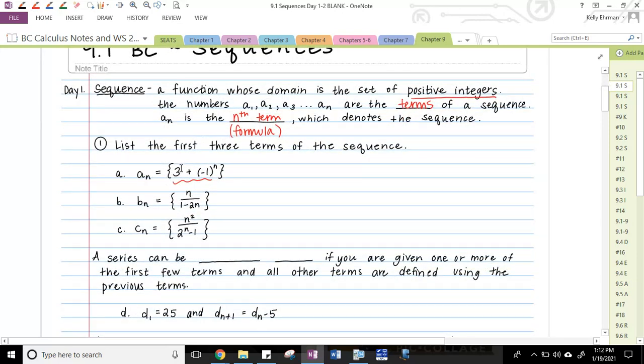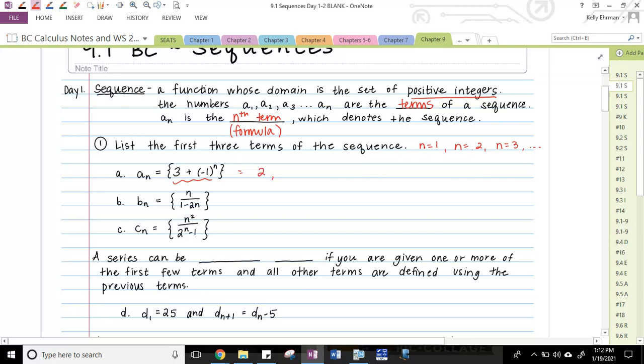So this is what a sequence would look like. A sub n equals 3 plus negative 1 to the n power. I want to write the first 3 terms of the sequence. So the first 3 terms is just plug in n equals 1, n equals 2, and n equals 3, and then see what you get for each of those values. If I plug in 1, you get 3 plus negative 1, which is 2.